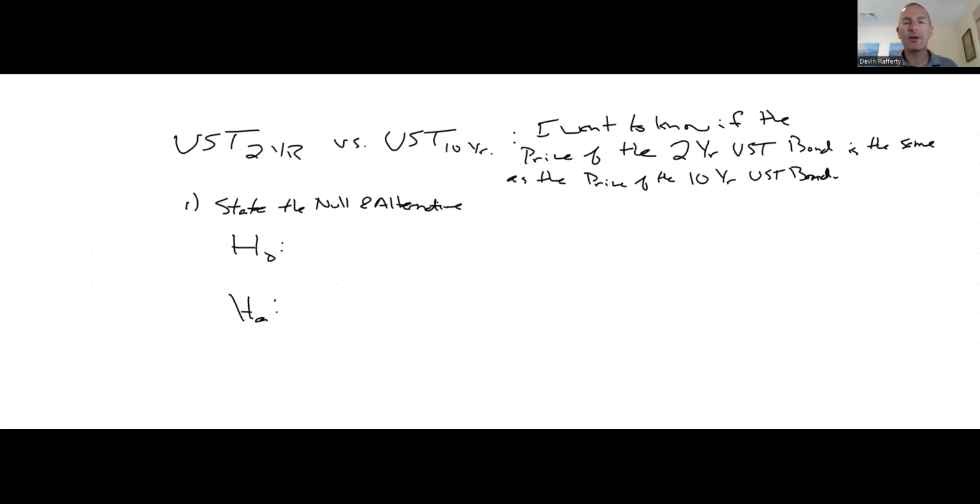Now I don't care about that. I just want to know the relationship. I don't care if the 2-year treasury bond is $5, $20, $50, $100. I just want to know if the 2-year treasury bond is the same as the price of the 10-year treasury bond.